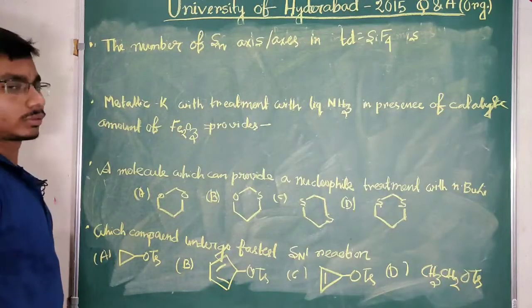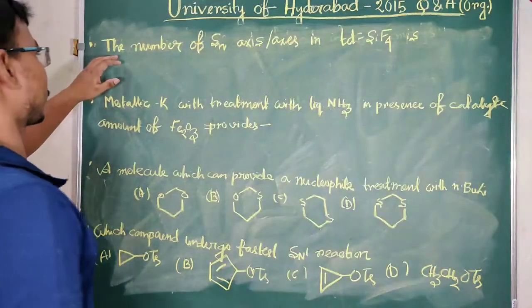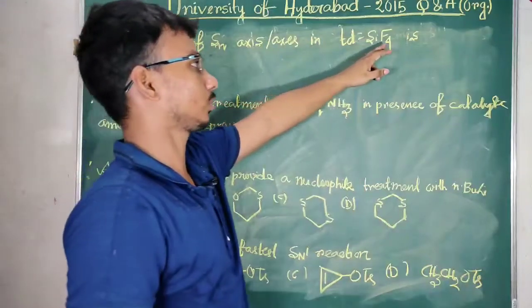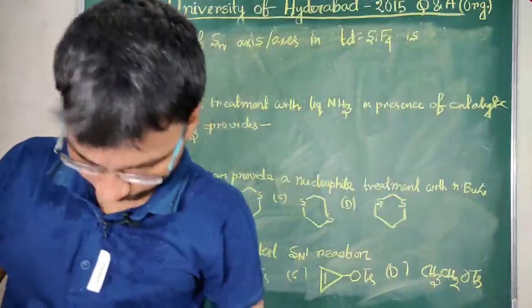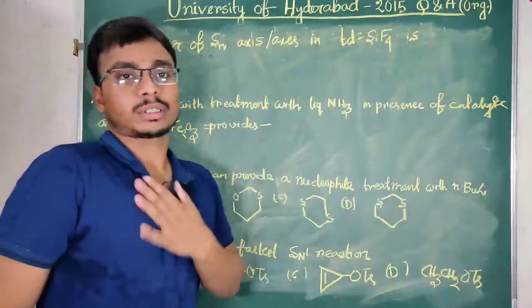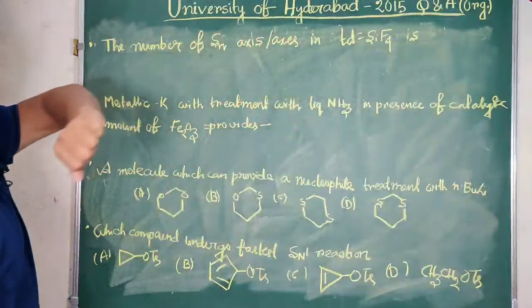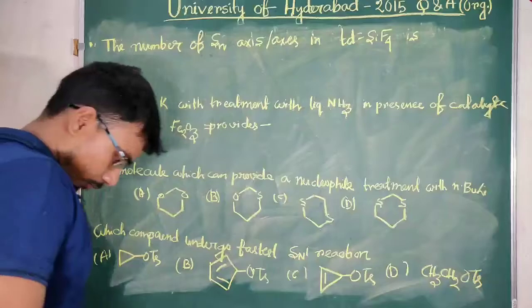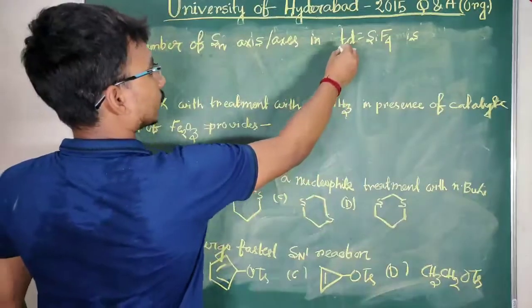So let's start with our next question. The number of S_n axes in T_d SiF4. So you have to predict the number of S_n axes. How to predict the S_n axes? Here a clue is mentioned, T_d.